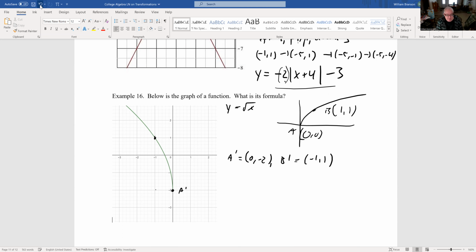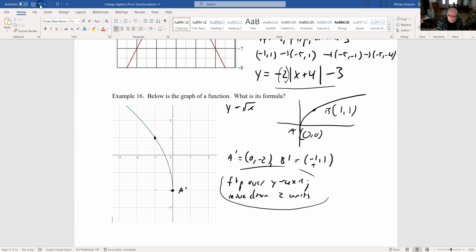So what's happened here? Well, we flipped it over the y-axis, right? That's how we got a minus sign here. We've moved A down 2 units. And if that was all that happened, our graph would look like that.